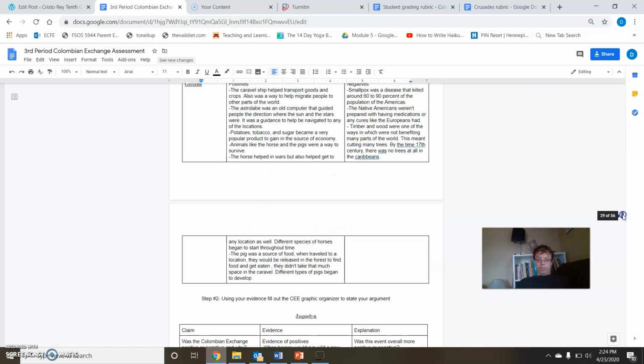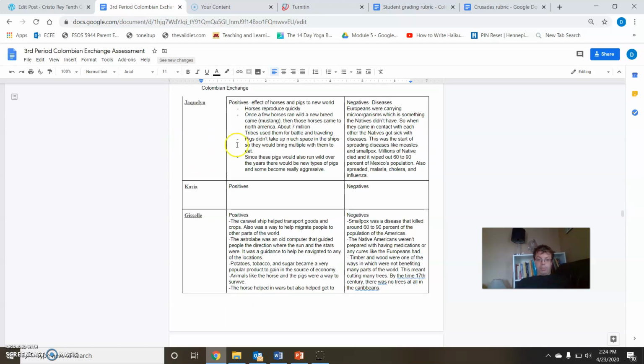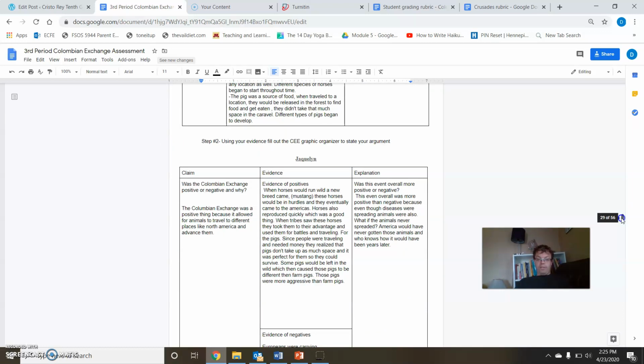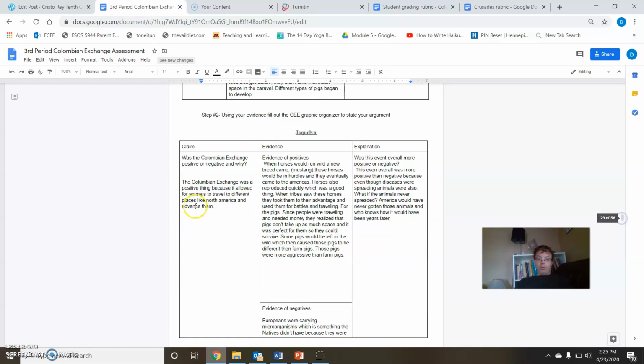So find your name here, positives and negatives, and underneath that you have a CEE, where you put your claim whether you think it was more positive or more negative, put the positives, put the negatives, and explain why.